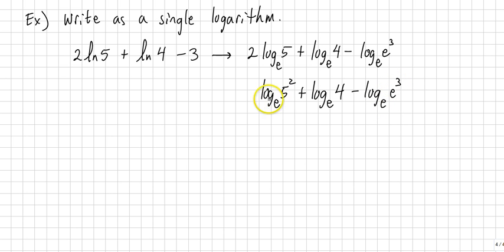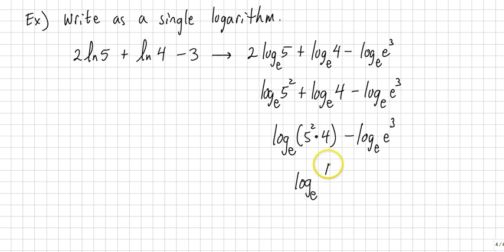And then we have 2 logs that are being added together, both with the same base. So they combine to be 1 log, and then you multiply the arguments. So it's going to be 5 squared times 4 minus log base e of e cubed. And then now we have 2 logs that are being subtracted with the same base. So those combine together to be 1 log, where you divide the arguments.